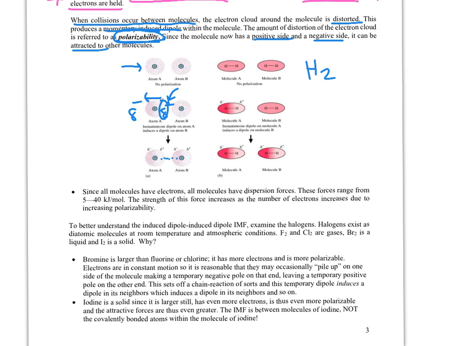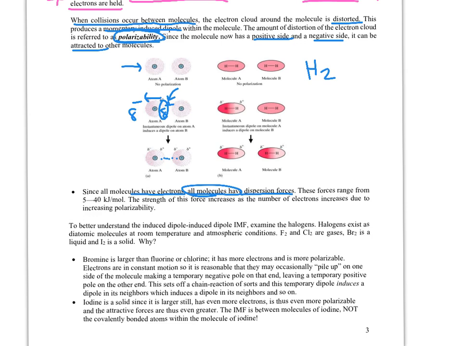Usually there's a way to figure out how polarizable it is. All molecules have electrons no matter what, and all molecules are going to have dispersion forces. That's a key. All molecules have dispersion forces. Even stuff with hydrogen bonding as its main intermolecular force, like water, still has dispersion forces as well. These forces can range from 5 to 40 kilojoules per mole, meaning some of them are stronger than others. The strength is the key right here.